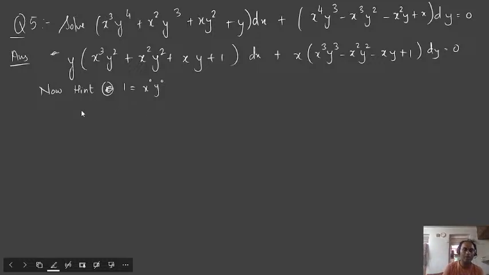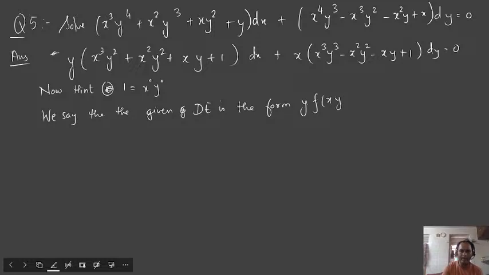Okay, so I can now claim that the given differential equation is of the form y times f of xy, some function of xy, into dx plus x times some g of xy times dy equals to 0, right?